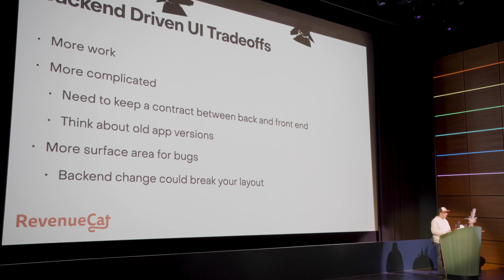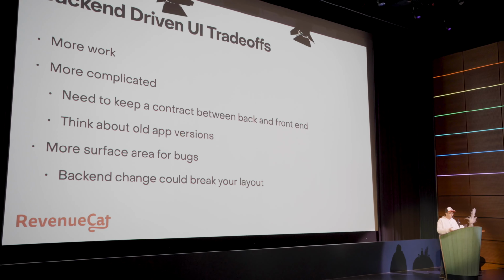And so things can get kind of dicey there. And like everything else, anytime you add a layer of architecture into your app, you're creating more code, which is more surface area for bugs. And so in this case, a backend change can completely break your layout, which is obviously a little bit scary.